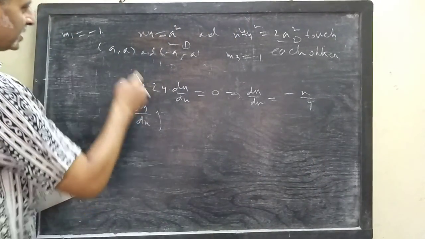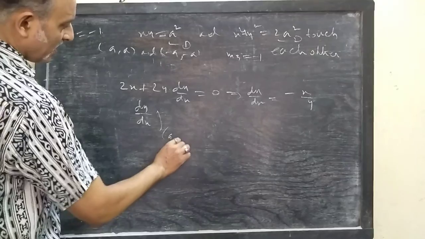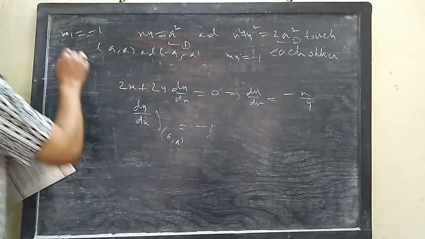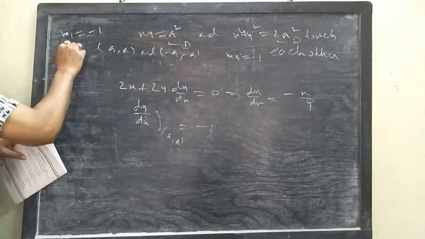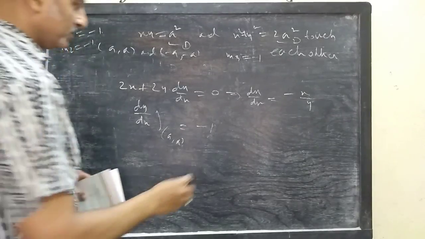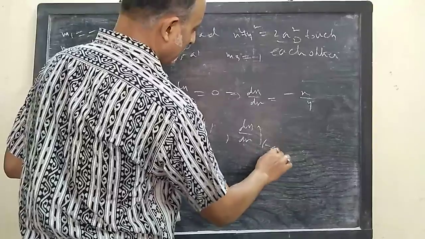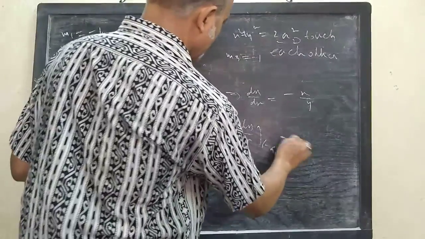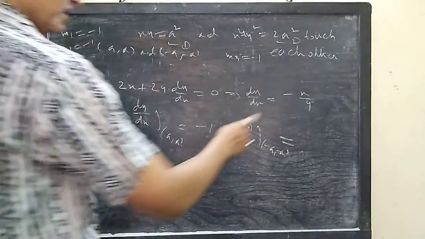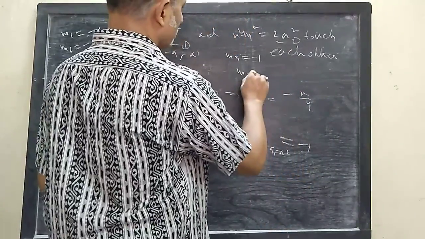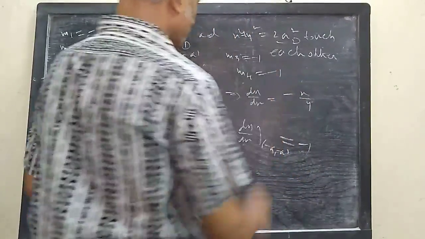Therefore dy dx at the first point of intersection (a, a) becomes minus 1, m2 becomes minus 1, and dy dx at the second point of intersection (minus a, minus a) is also minus 1, that is m4, also minus 1.